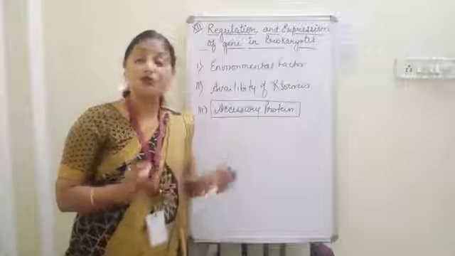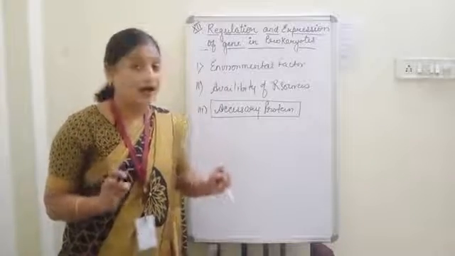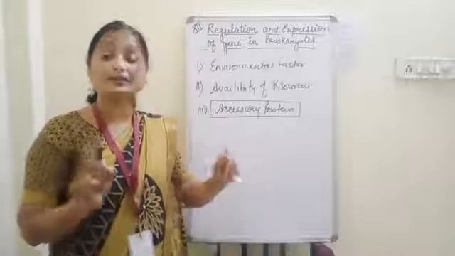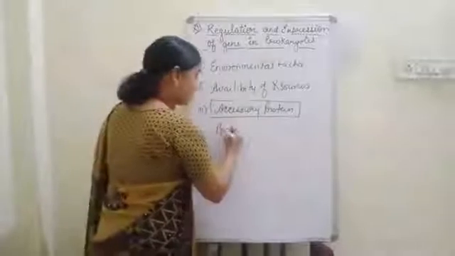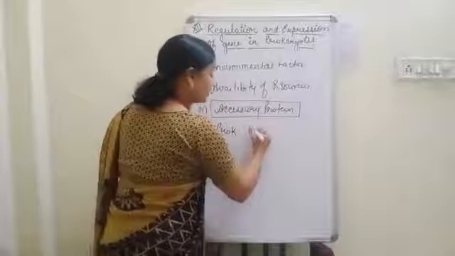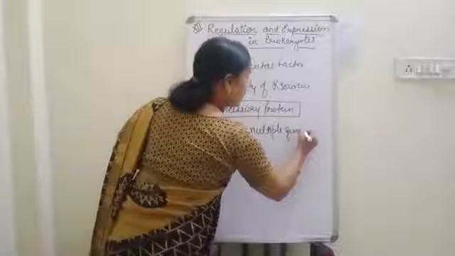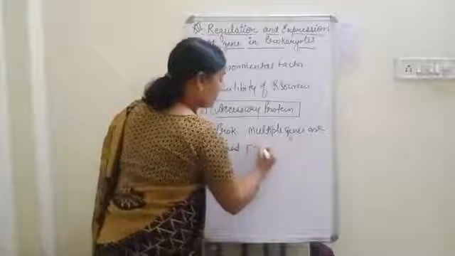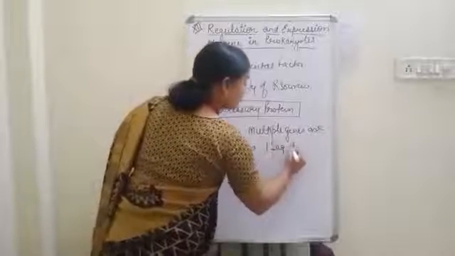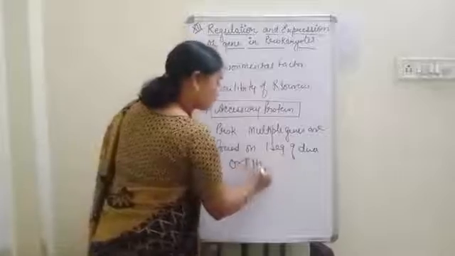In the case of prokaryotes, multiple genes are found on one segment. What I am saying is, in prokaryotes, multiple genes are found on one segment of DNA or RNA.